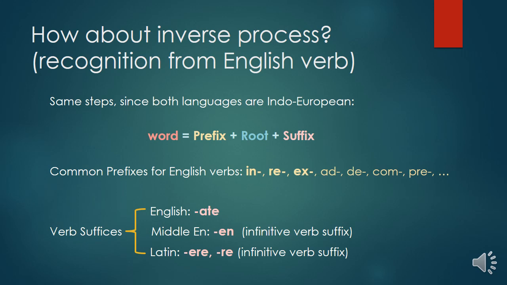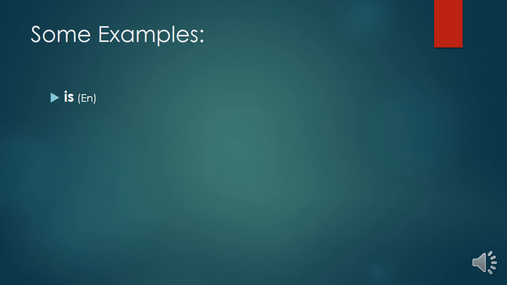And we also need to know some basic suffixes for infinitive verbs. In English it's en, in Middle English n, and ere in Latin. So let's see some examples.